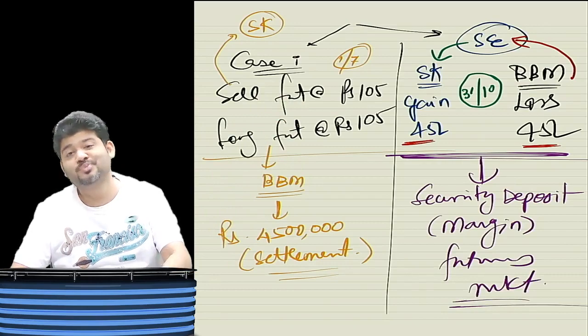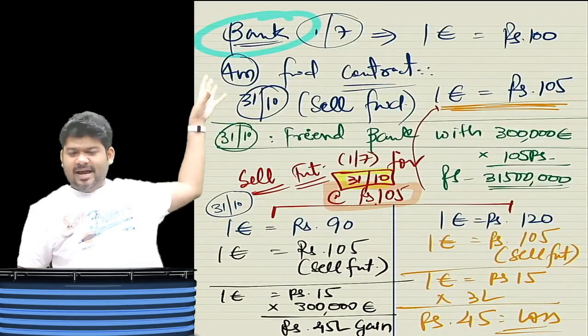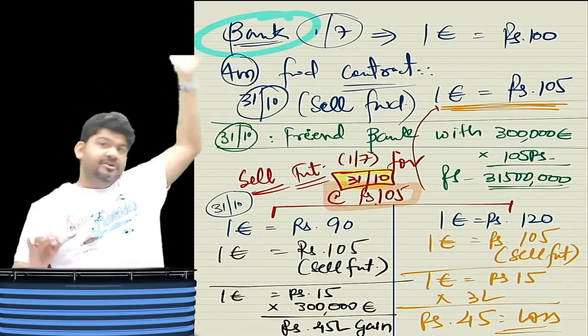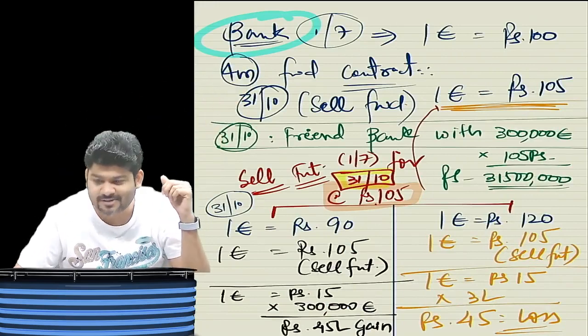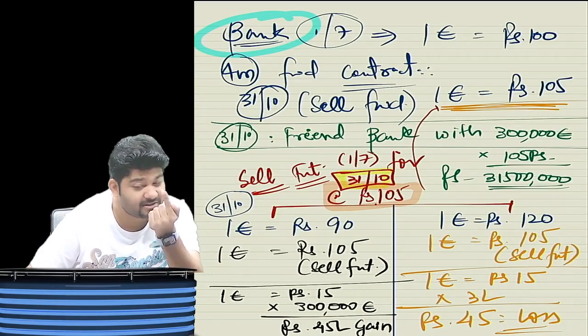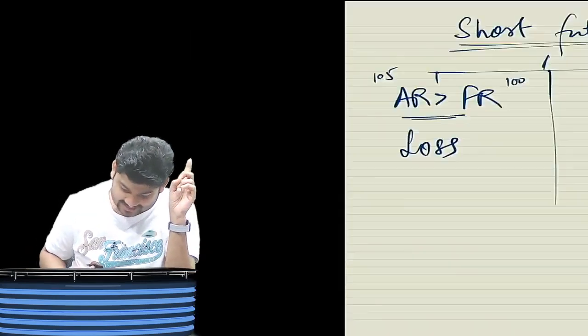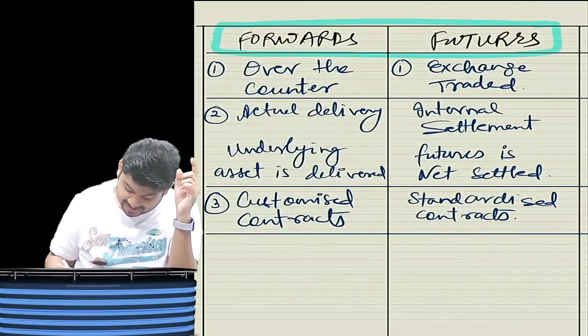So if you want to enter into the futures market, there will be a margin that you will have to deposit. But was the same margin asked by the bank when we did the forward contract? We have done so many sums on forward contracts when we are doing forex. Did the bank ever ask for even a single penny of margin? The answer is no. So can I say one more point of distinction here? What is that?